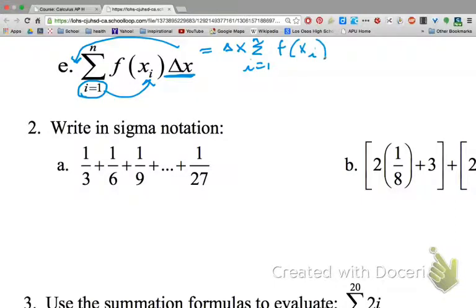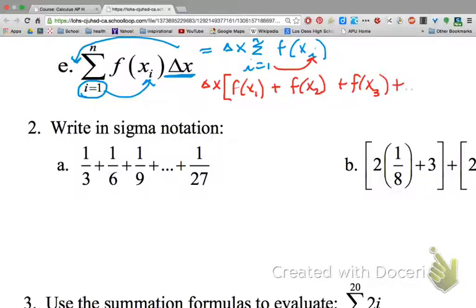So now if I start, I would substitute again first in the 1. So I'm going to have delta x out in front, and then f of x sub 1 plus, then I would substitute in a 2 plus, then I would substitute in a 3, and I would keep going until I've substituted in an n.